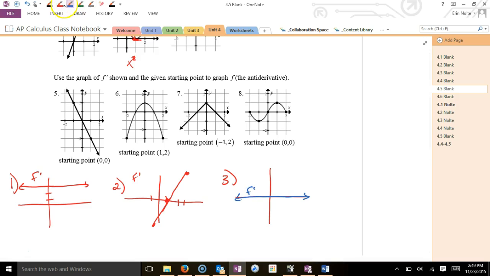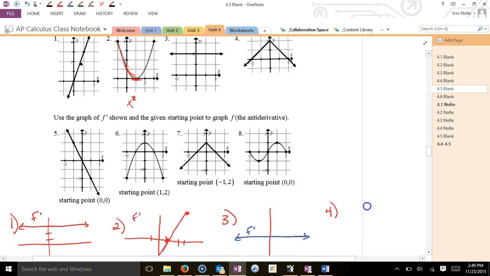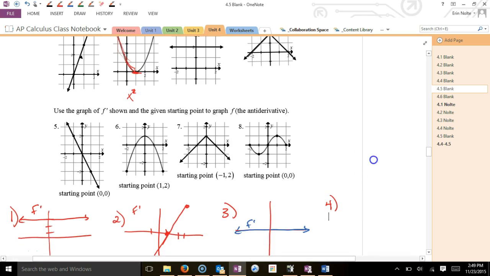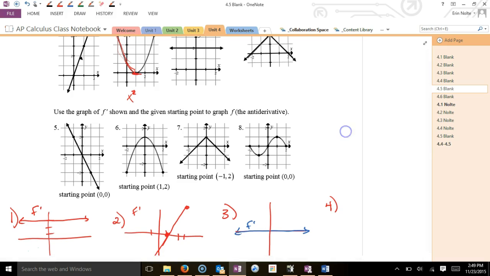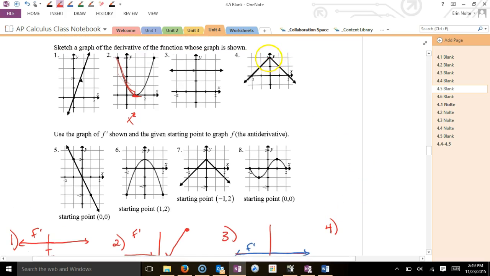Okay. For question number 4, we have this absolute value graph. It has a maximum when x is 0. On this side, when x values are less than 0, it has a constant slope of 1, up 1 over 1, up 1 over 1.